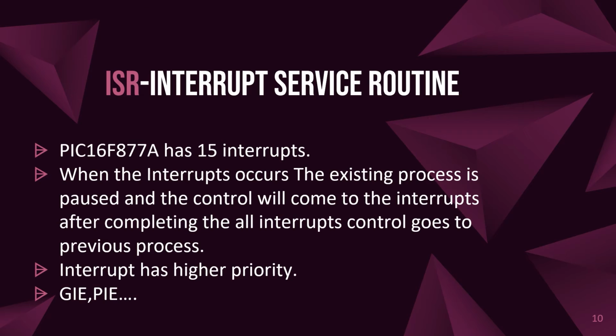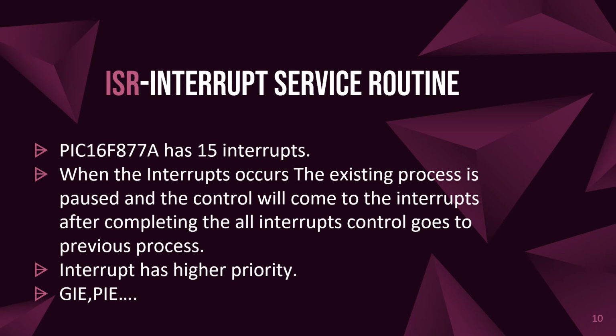Next, ISR, interrupt service routine. As I said previously, the airbag and collision detection are very important. While a collision occurs, the interrupt will be called, and the interrupt has a higher priority, so it will run first. For example, if a process or while loop is running and I press the button, or there is a signal from the crash sensor, the while loop is stopped and control goes to the interrupt.